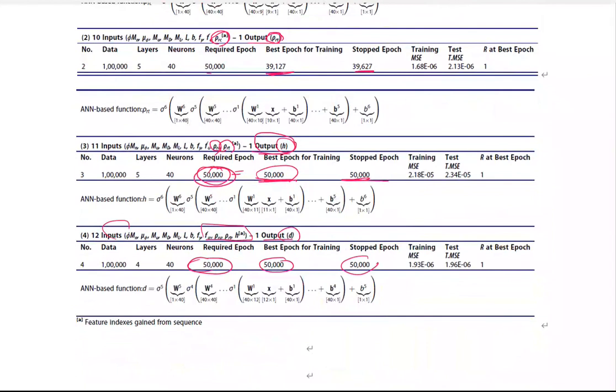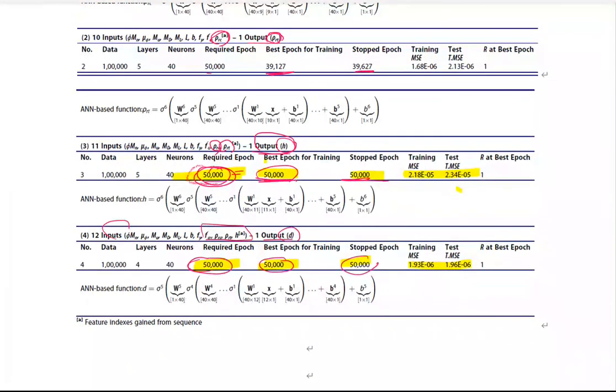We thought that the training accuracies that we have achieved were sufficient, so we didn't extend it. But you had better have the established or required epochs always greater than the best epoch here and here and here. So this is very important to understand.